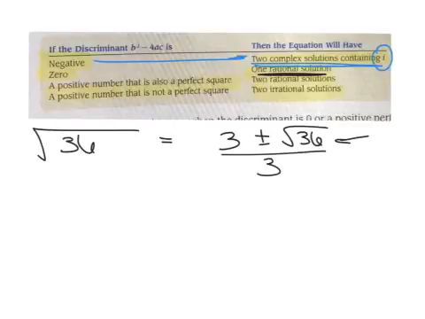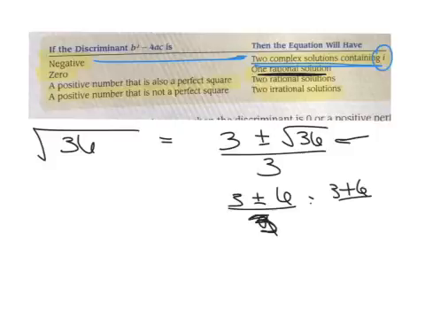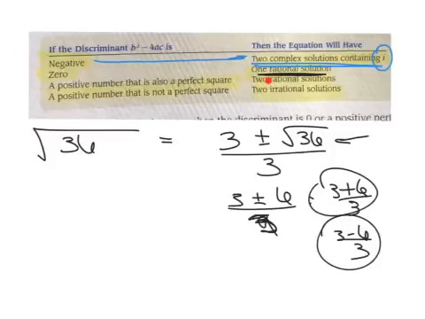It's a positive and it's a perfect square, so I get 3 plus or minus 6 over 3, so I get 3 plus 6 over 3, or 3 minus 6 over 3 for my answer. So I get two answers, and that's what it says here, two answers that are rational, and all that means is I don't have any imaginary numbers, okay? And I don't have any radicals. It just means that when I'm done, I get a regular old number like 9 over 3 or negative 3 over 3, okay?